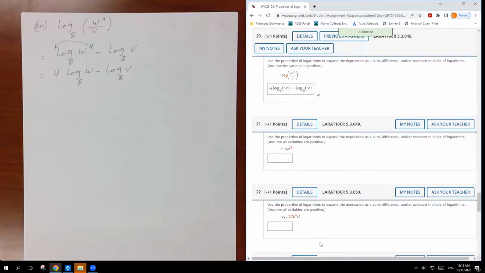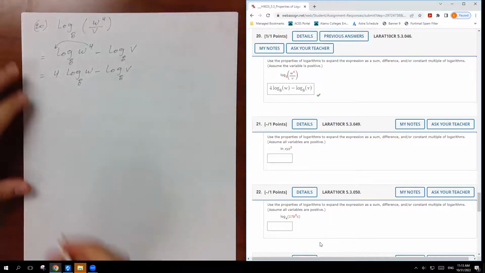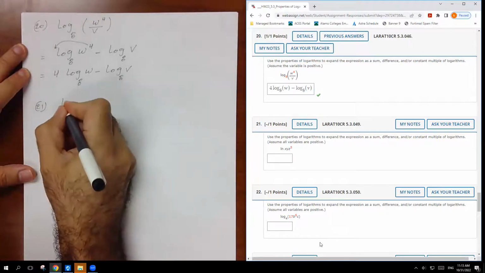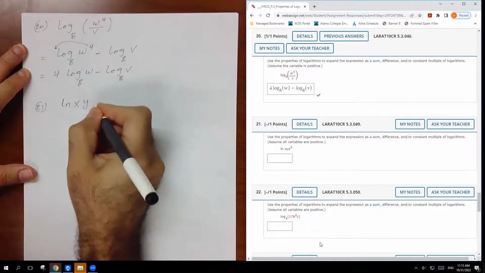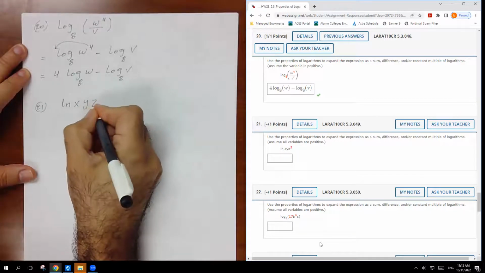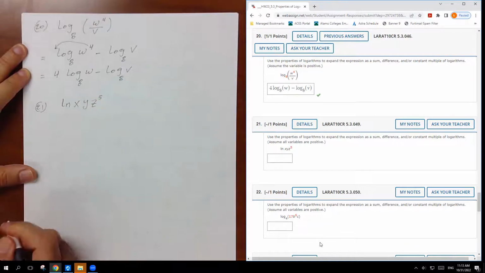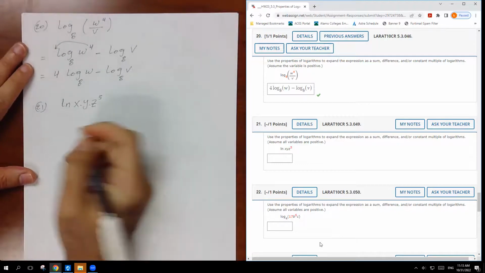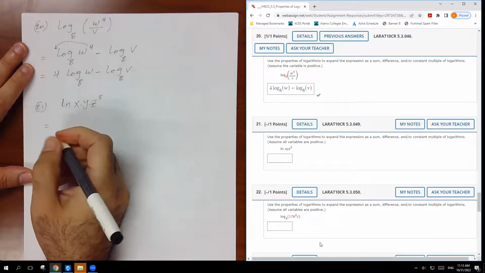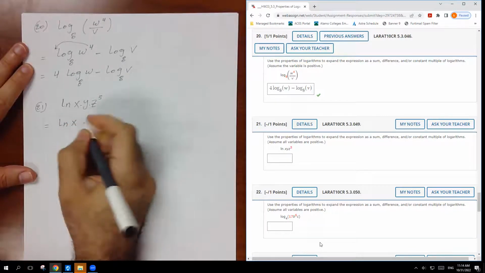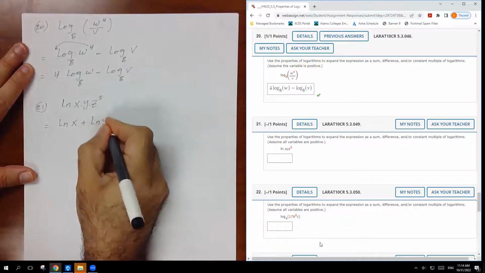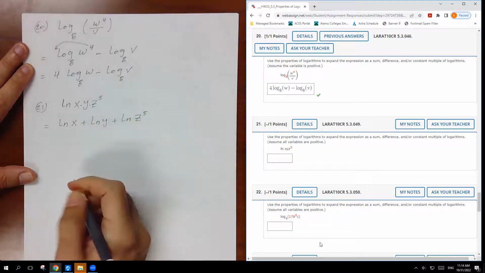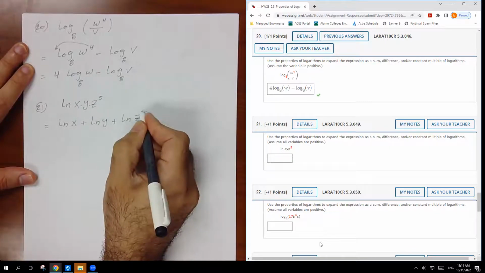That's it for this example. Let's move to example 21. Example 21, we have ln of x, y, z to the power 5. So it's multiplication, and I'm going to use the product property. So it's going to be ln x plus ln y plus ln z to the power 5. Then on this part only, I'm going to use the power property.